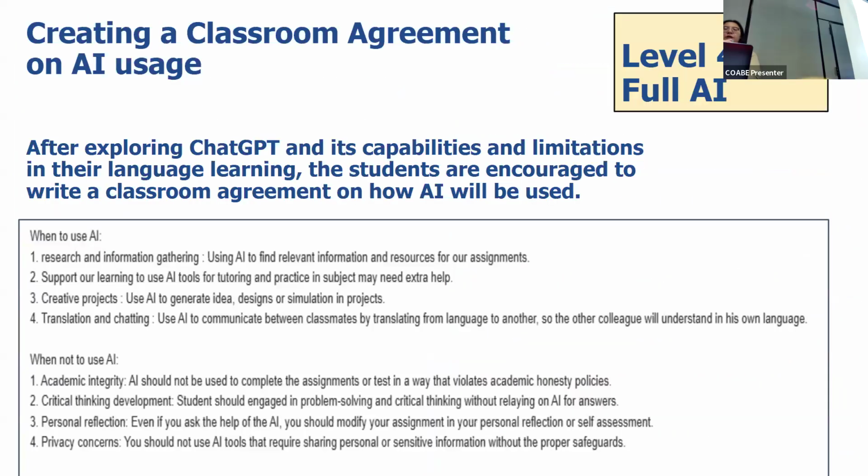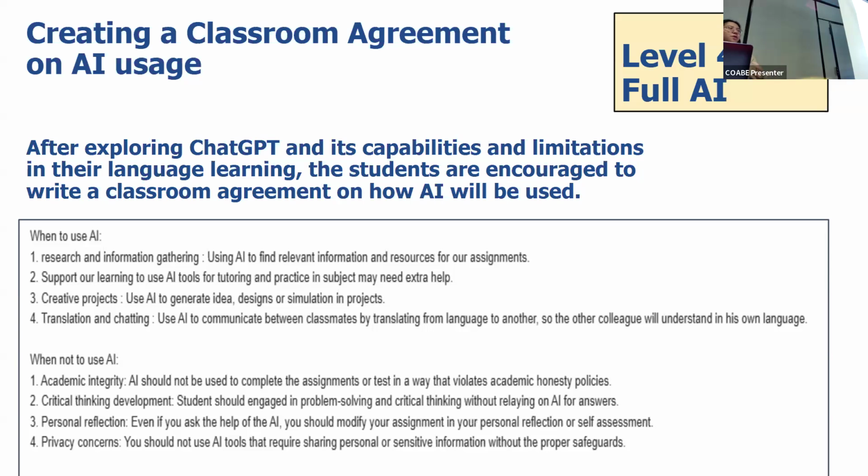And here's the other one. One of our instructors had students, after understanding the capabilities and limitations of ChatGPT, create a classroom policy, a classroom agreement on how AI will be used. This first text I showed you was generated by AI from a student.